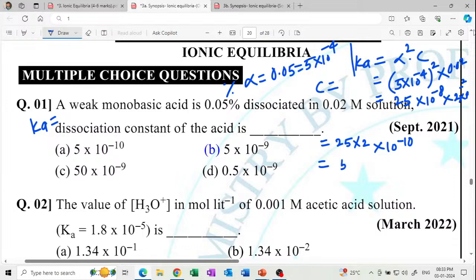So this is 50 into 10 raised to -10. The value becomes 5 into 10 raised to -9. So option B is correct. This is according to Ostwald dilution law.